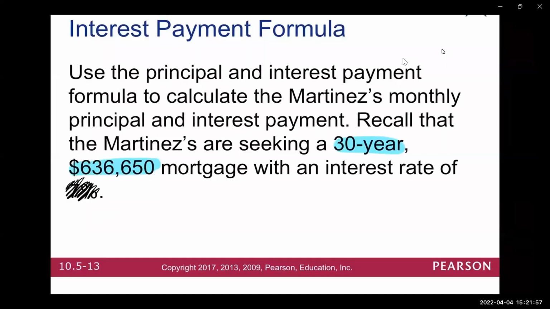Let's change it, because nowadays I think the rates are a lot lower. Let's just say 3.5. You can Google it right now. Let me Google it real fast. What is the current interest rate for homes for a 30-year fixed? Interest rate for 30-year mortgage.